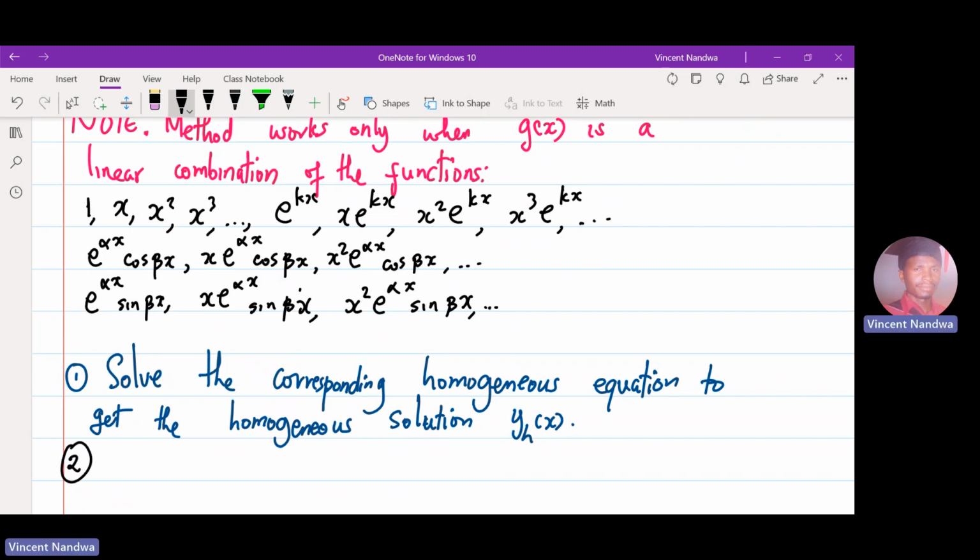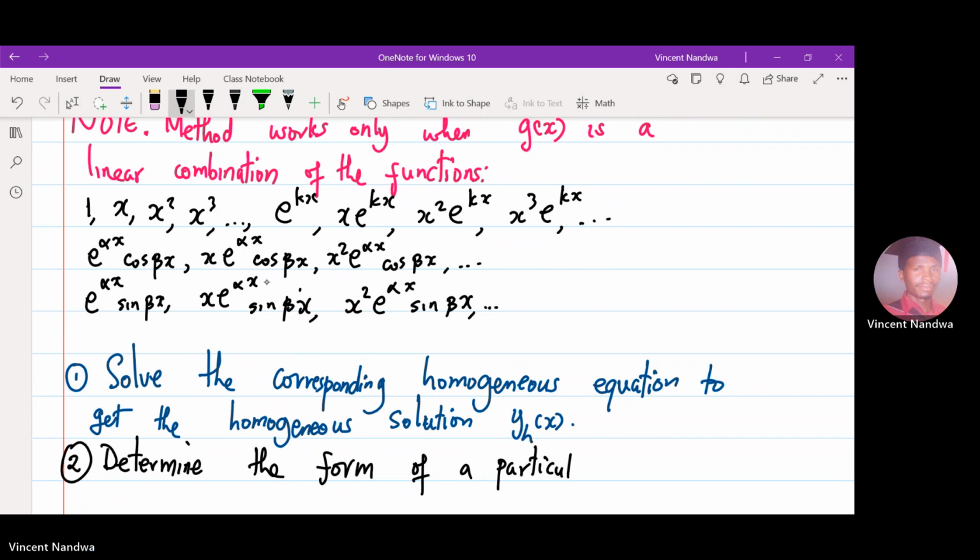Then step 2. Determine the form of a particular solution yp of x.